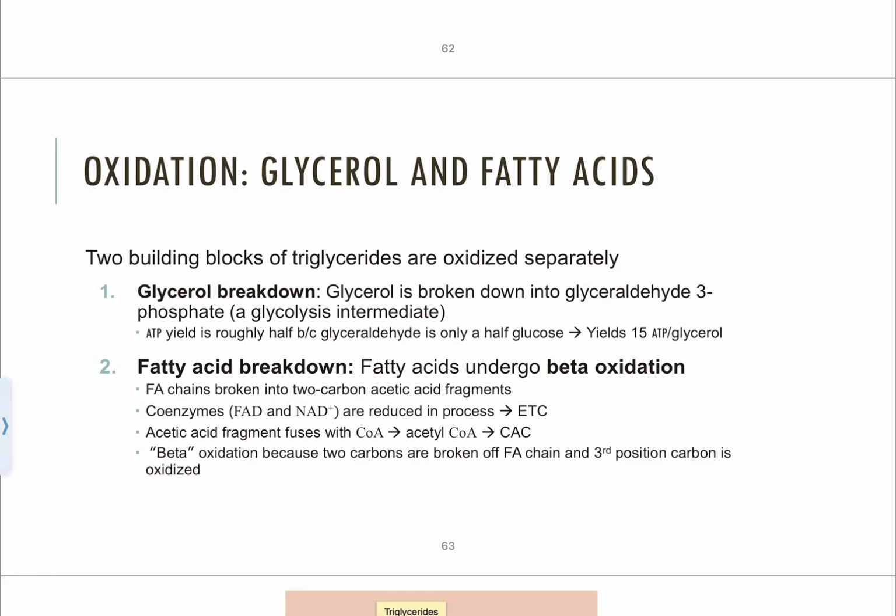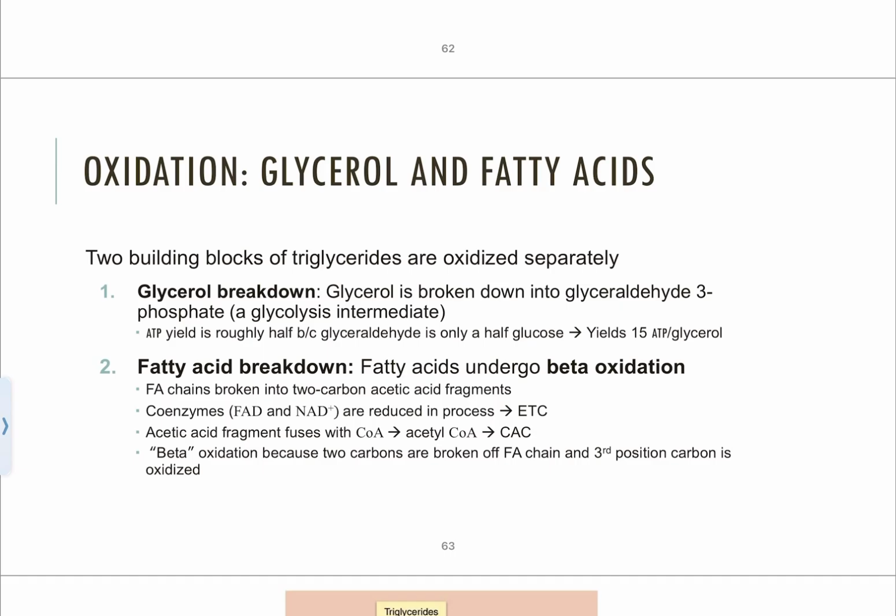And each acetic acid molecule is going to fuse with coenzyme A, and we're able to form acetyl-CoA from the fatty acids as well. When we're talking about beta oxidation, that's only referencing the fact that the carbon in the third position, which we call the beta position, is oxidized each time a 2-carbon fragment is broken off. But regardless, we're able to produce acetyl-CoA that can go into the citric acid cycle.